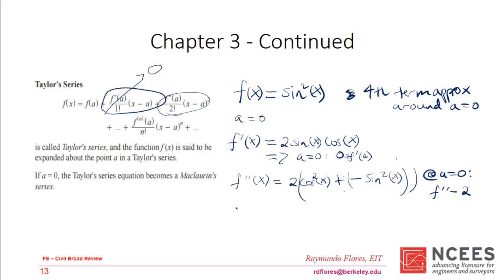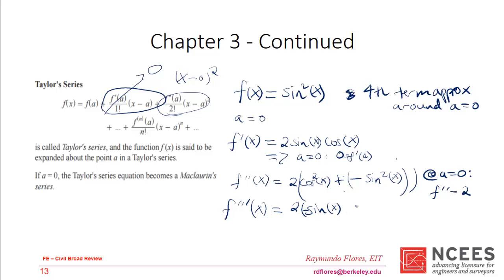But then you have a 2 factorial, so this ends up just being x minus 0 squared. Now if we try to take the triple derivative, we get 2 times basically what we had earlier for sine, but now we have cosine.